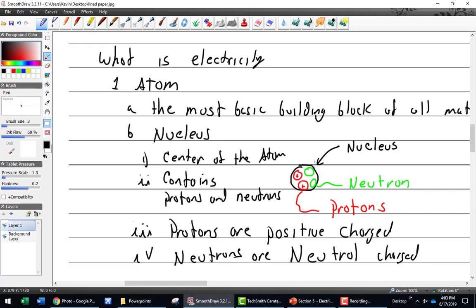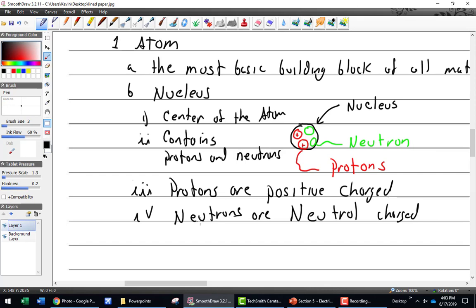And the interesting thing about atoms, for the most part, not all of them, is that the number of protons equals the number of neutrons.